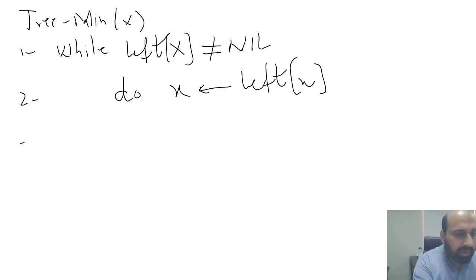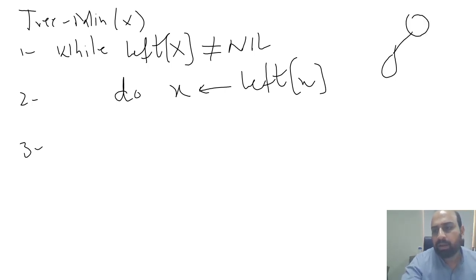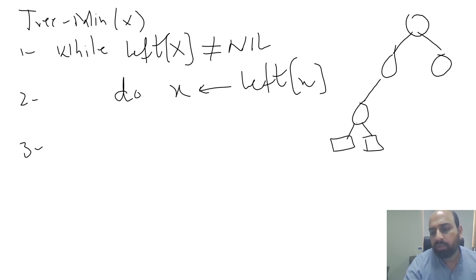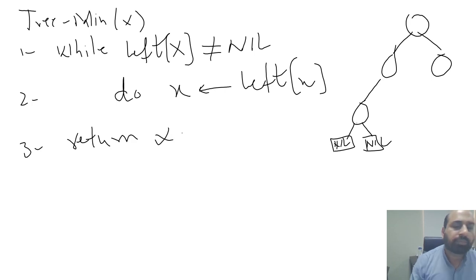Finally, when it approaches nil, for example, if this is the last node, then it will not have any children except the nils, right? We already know that. So once it gets nil, you just need to return x. That's it. Isn't it difficult? No. So what's the time complexity?